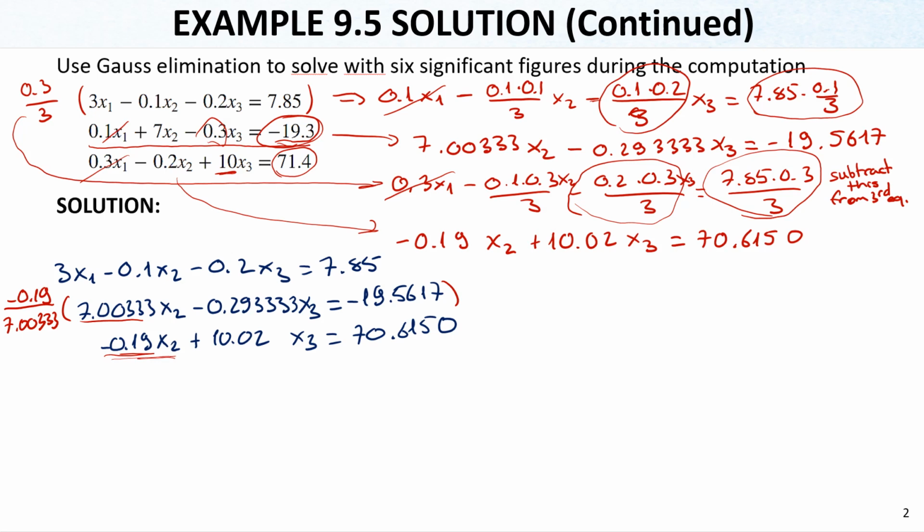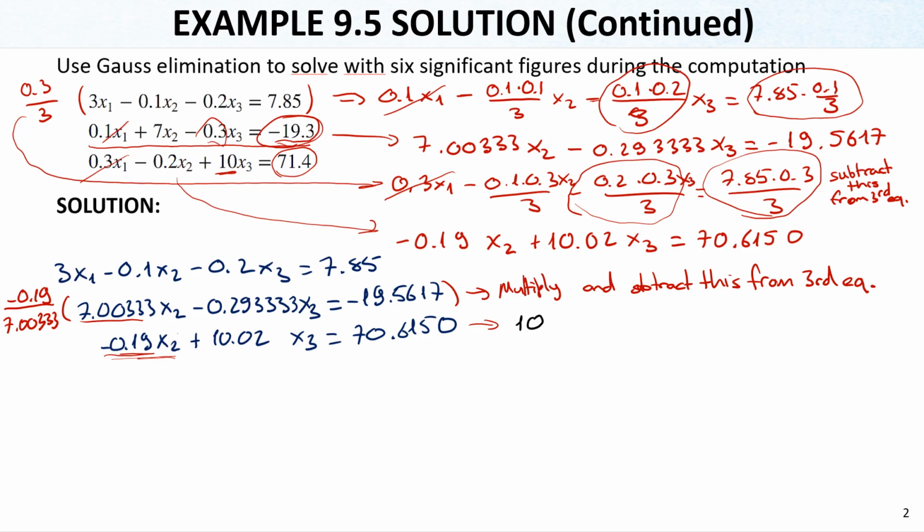So multiply this here. I will not write the results, but multiply and subtract this from the third equation. Then the third equation becomes, basically, we can write this way.